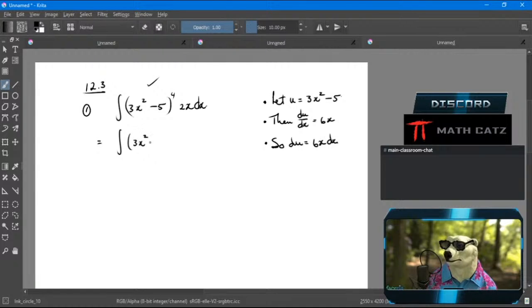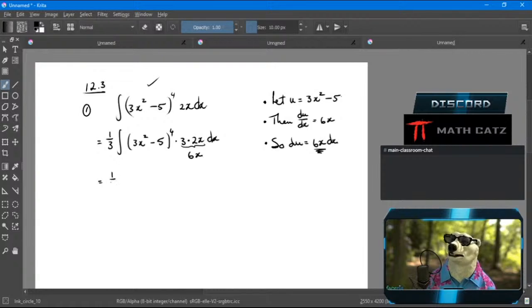I'll write them separately. I need to bring in a 3 times 2 that's already there, and I need to pay the price to do that. Then this becomes 6x that I need.